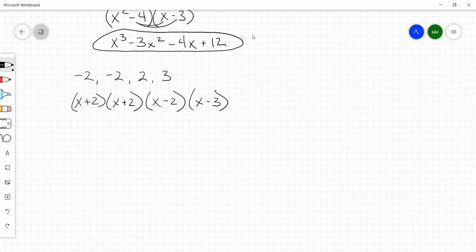Now you've got some work to do here. I'm going to multiply these two binomials first, and these two first. Because I know from factoring that x plus 2 times x plus 2 is going to be x squared plus 4x plus 4. These two numbers add up to +4 and they multiply to +4.